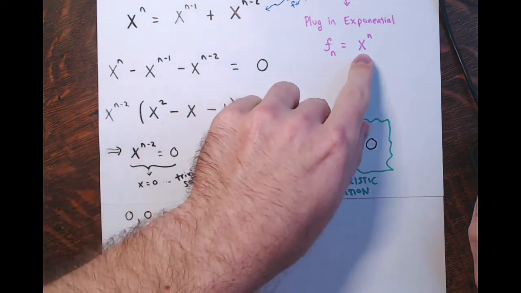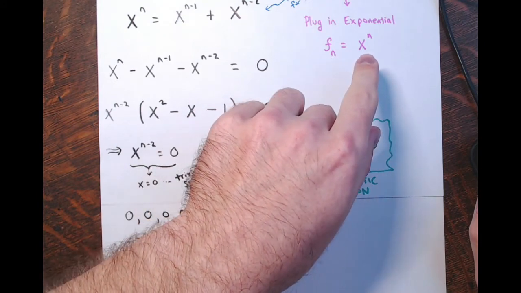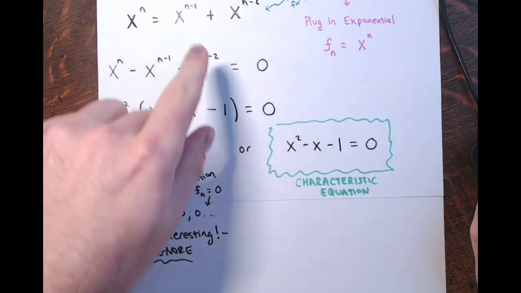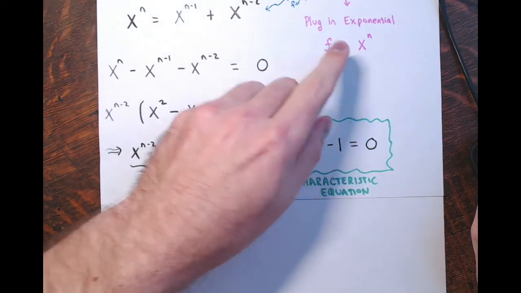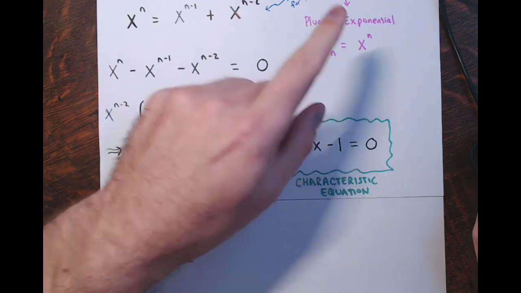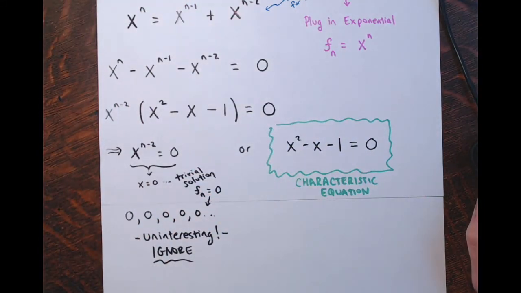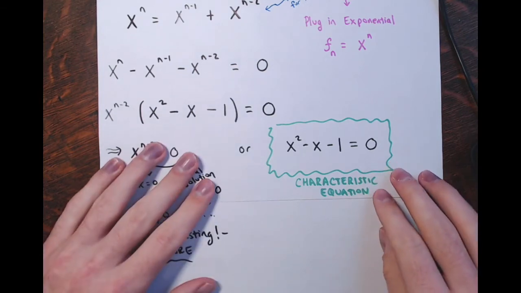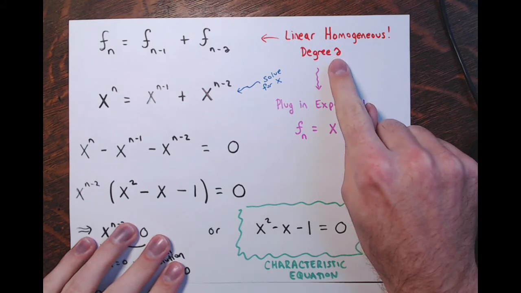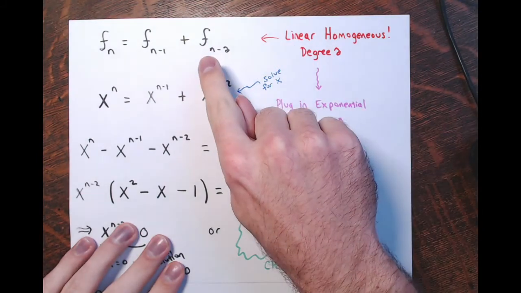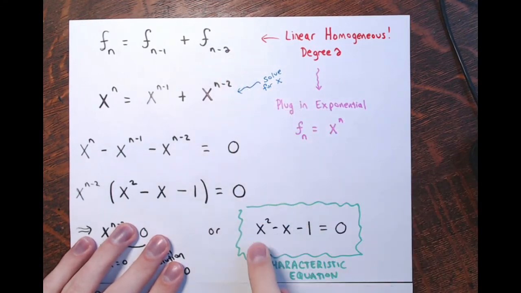It is plugging in an exponential rule. So suppose the sequence f is an exponential, and then we try to figure out what values of x will actually satisfy the rule. You plug in the x to the n power and get this characteristic equation. And one thing you're going to notice, hopefully, is that whatever the degree of the relation is will be the degree of the equation.